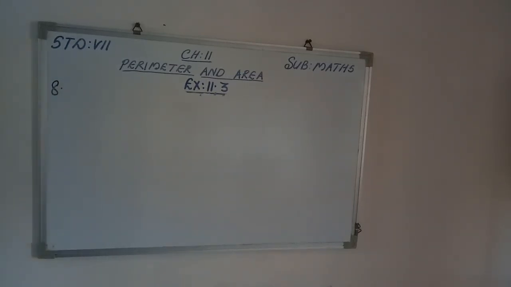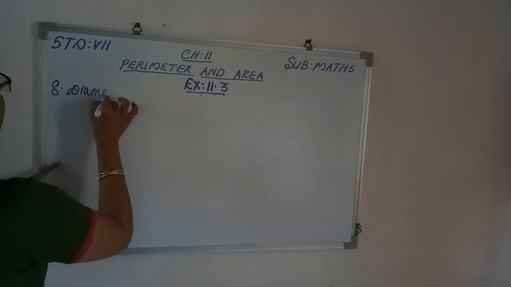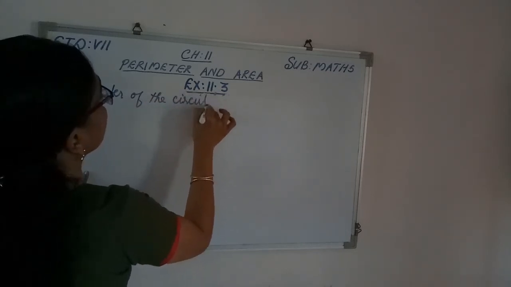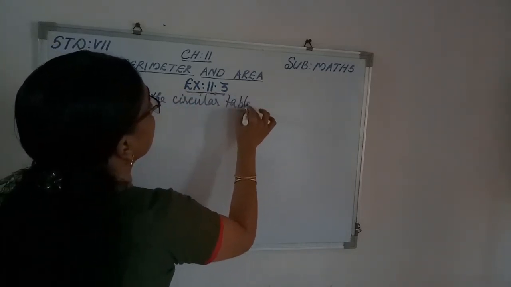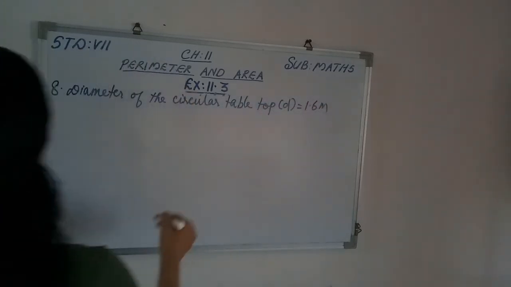Find the cost of polishing a circular tabletop of diameter 1.6 meter if the rate of polishing is rupees 15 per square meter. That means for 1 square meter the rate is 15. You have to take pi as 3.14. So first we can write, diameter of the circular tabletop is 1.6 meter, isn't it?